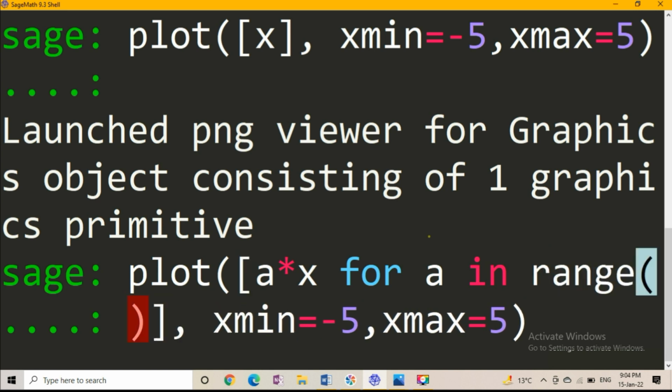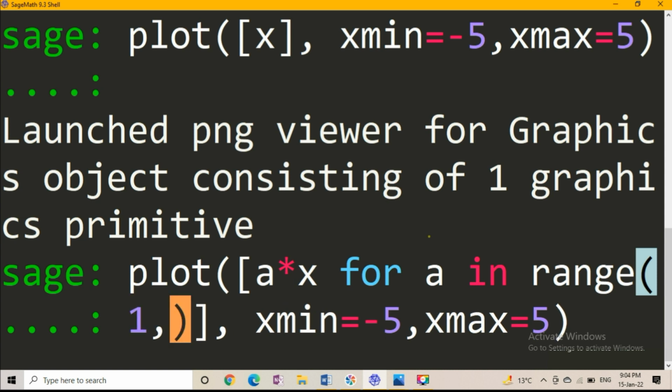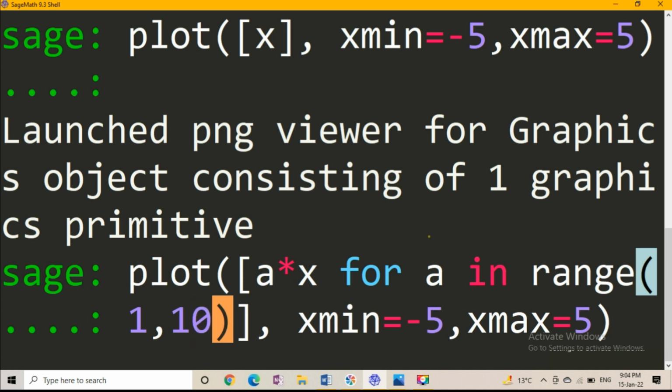Put the value of a from 1 to, suppose, 10. You may define any value of a, from 1 to 100, 99, 5, 10, 2. Then we press enter.